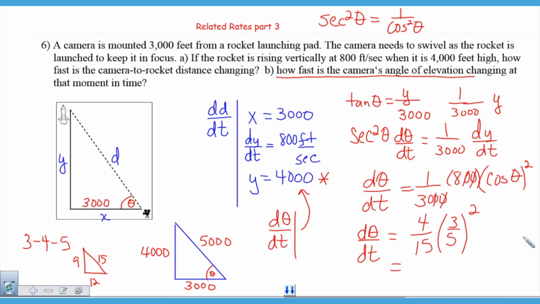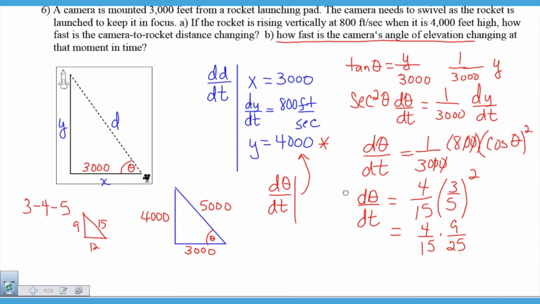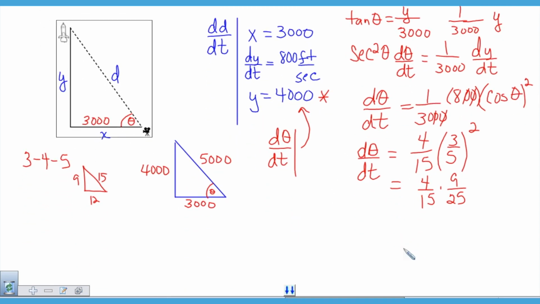And so I end up with 4/15 times 9/25. I'm going to cross cancel here a little bit. Let me grab this, push it up a little bit so you can see my work. So I'm going to end up with 4 and 3, that's going to be 3, and that's going to be 5. And so that ends up being 12 over, let's see, 4 of those would be 100, so 125.